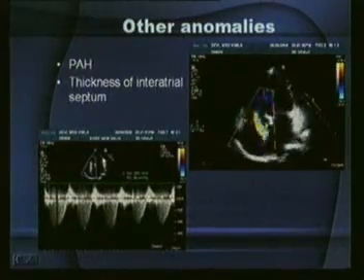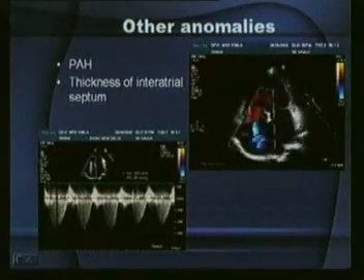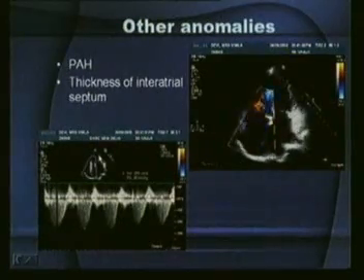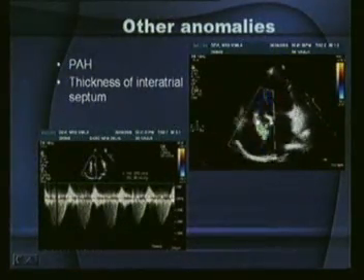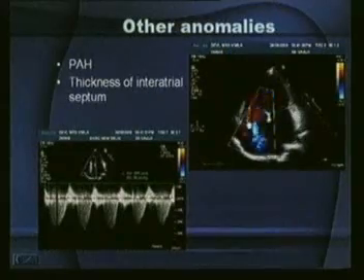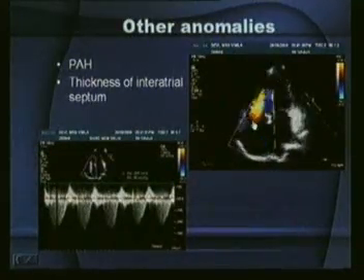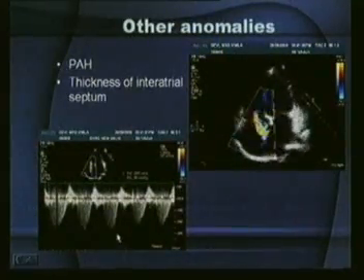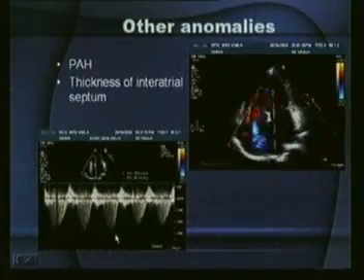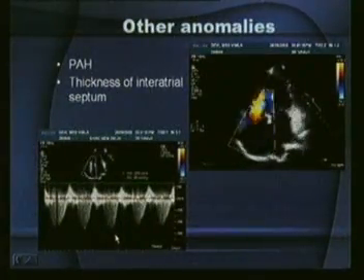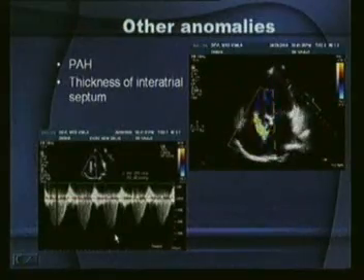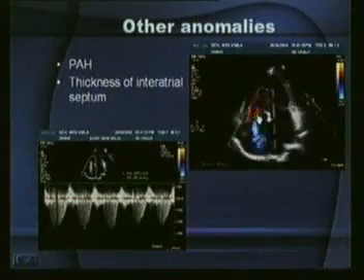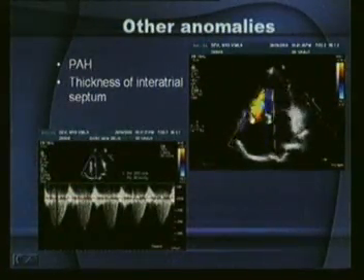Now it's extremely important to find out about pulmonary arterial hypertension. Look at the tricuspid regurgitation, through the tricuspid valve. Now you have put your continuous wave Doppler here, and you can easily find out the PAH, the degree of PAH, and you can also find out whether this tricuspid regurgitation is organic or functional.